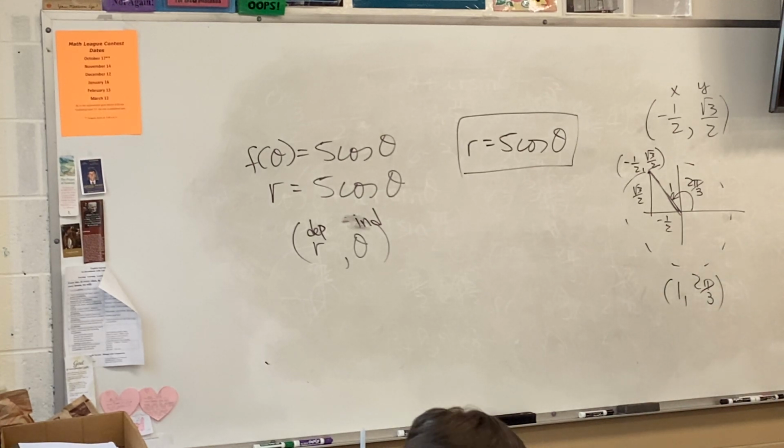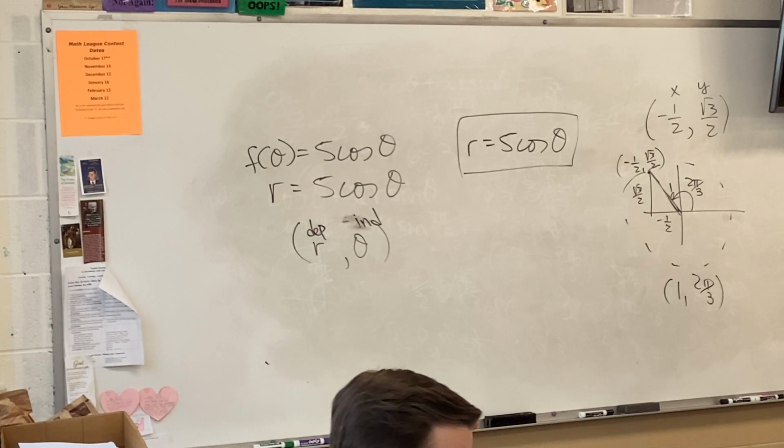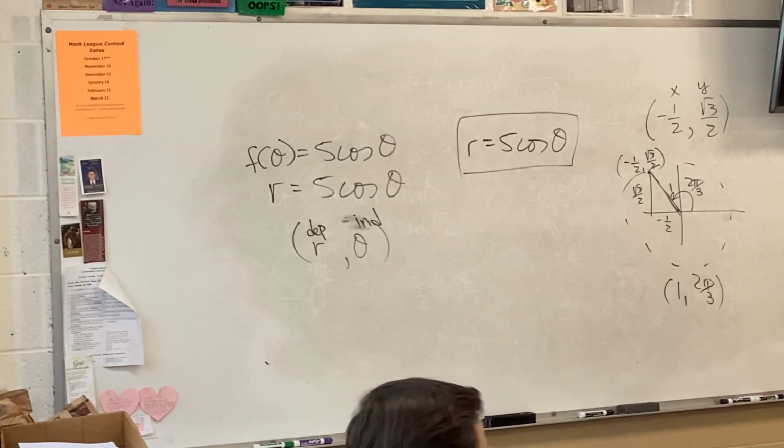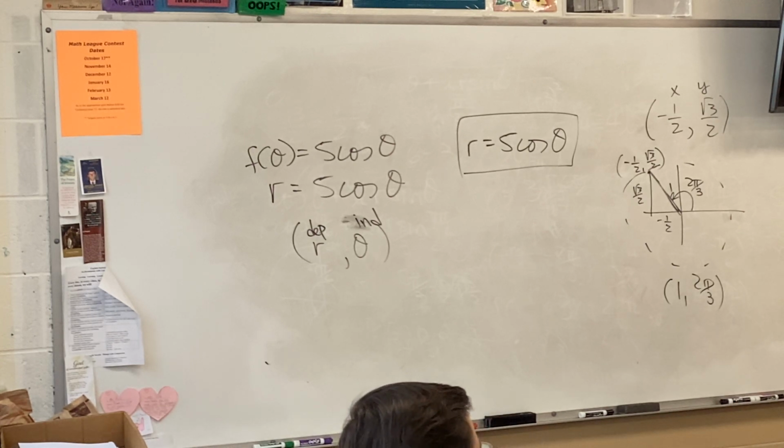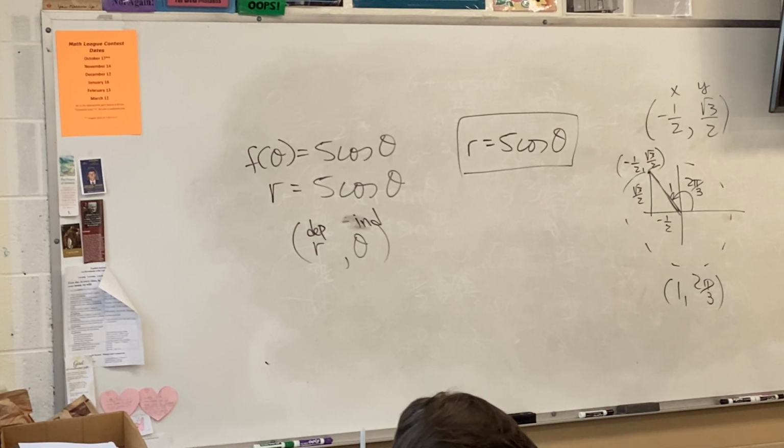Now, here's the scoop. This is actually supposed to be a circle. This is the polar equation for a circle. But because your screen is rectangular, it stretches things more horizontally than vertically. So go to zoom and hit zoom square.